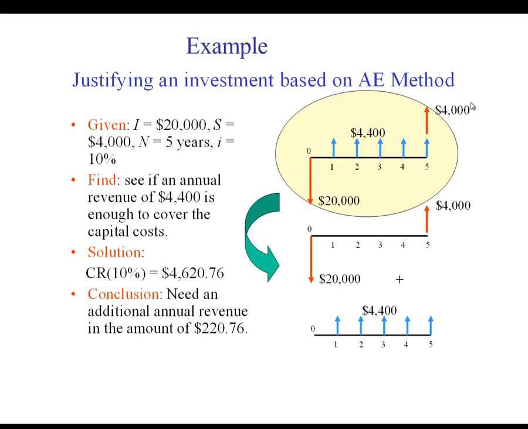Since I have a $4,000 salvage value, which is the future one, I can bring it to 0. We can calculate the initial cost with I equal to 10 and N equal to 5. Using the formula, we'll find the capital cost, or the annuity, equals $4,620.76, while we suggested paying only $4,400.